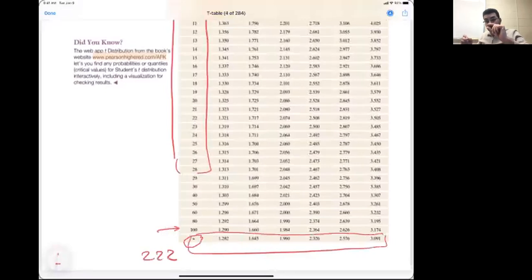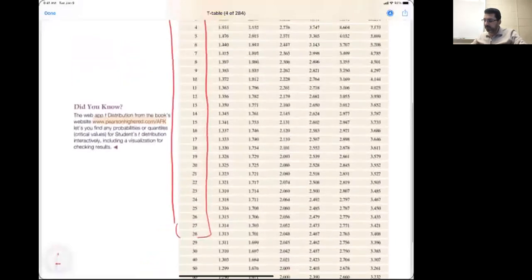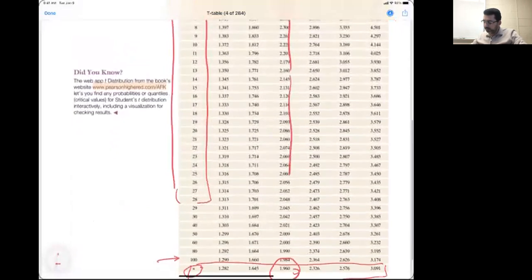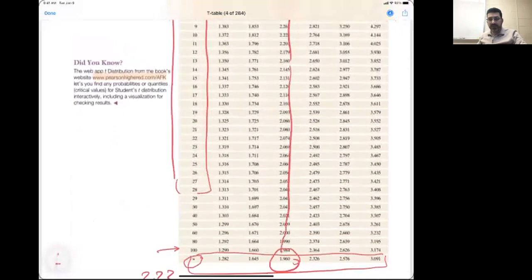the T score is 1.96, as you can see, because this is the column we wanted to use. If you look at these numbers, you will find it's exactly what we have, according to the confidence level, in the normal distribution.